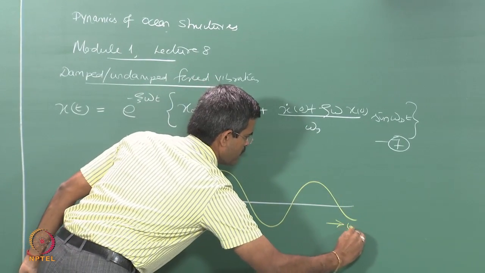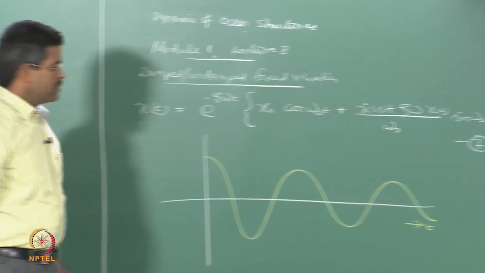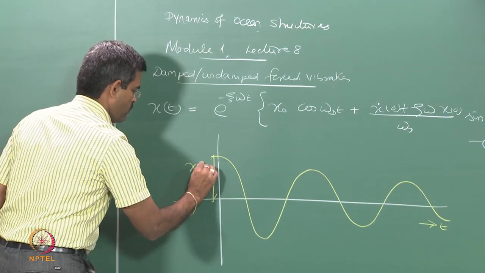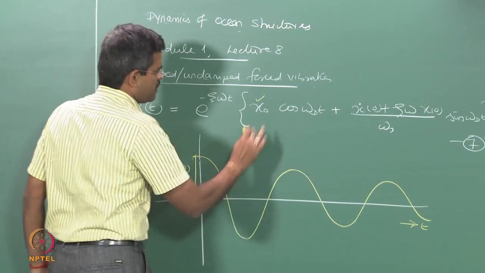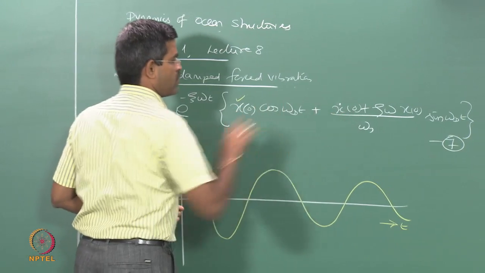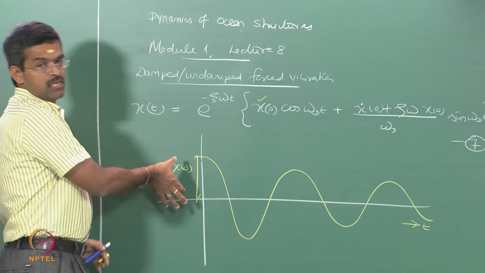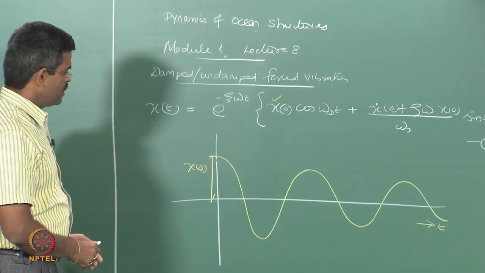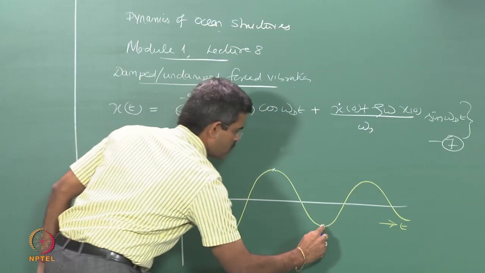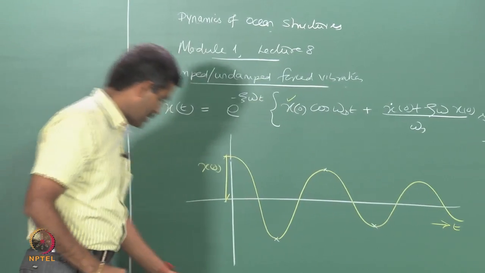which is time, and let us say this is my initial displacement, which I am taking as x naught. Let us write x naught and x naught dot as the initial displacement and velocity given to the system, and we know these values. Let us write down these values for our understanding.